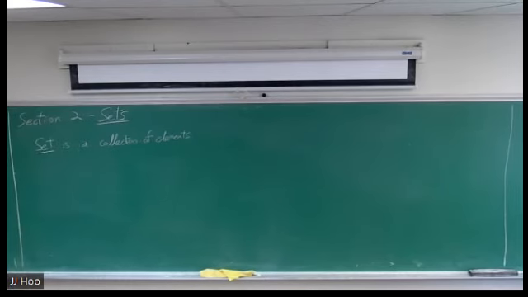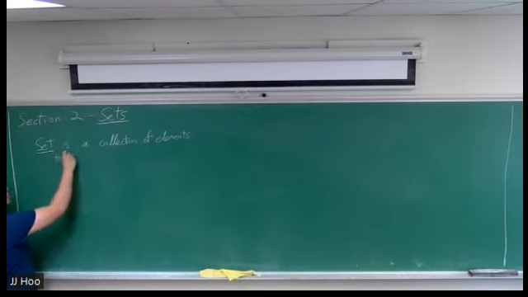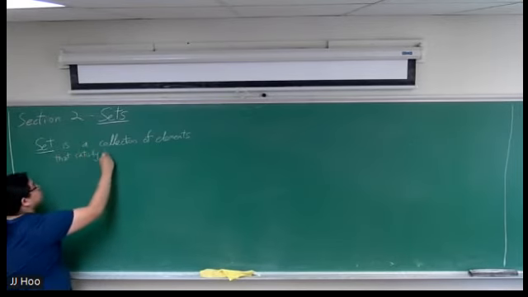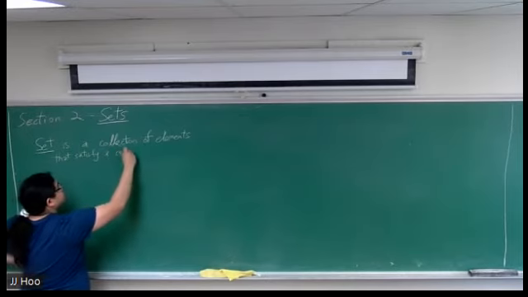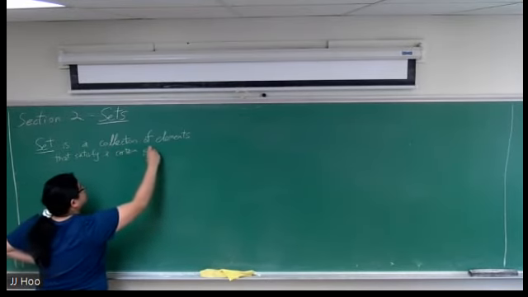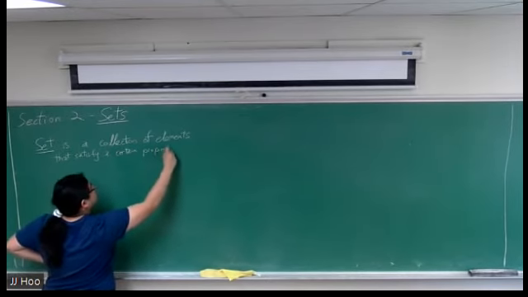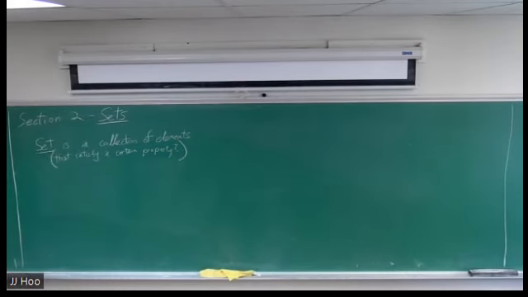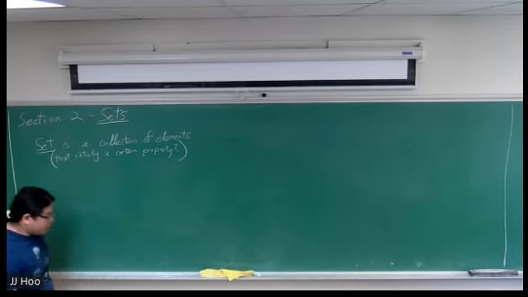We can extend this definition to say it's a collection of elements that satisfy a certain property. I'm going to put a big question mark and a big parenthesis, because there's a problem with this part, and we'll talk about this problem in a little bit. For now, we can just think about it as a collection of elements.